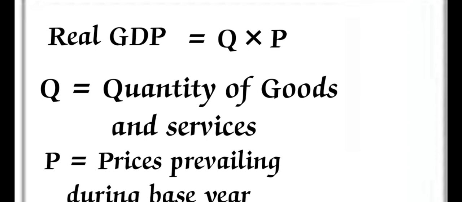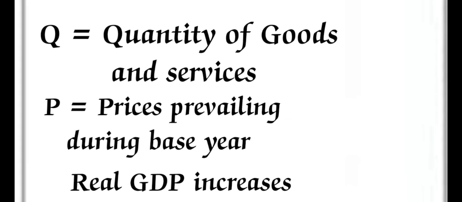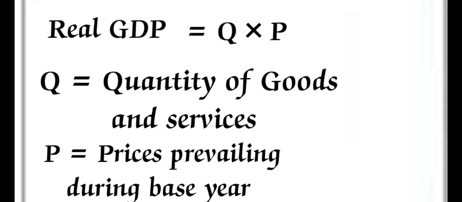Real GDP is equal to Q into P. Here Q represents the quantity of goods and services, and P means the prices prevailing during the base year 2011-12. So we get the real GDP, the actual GDP.